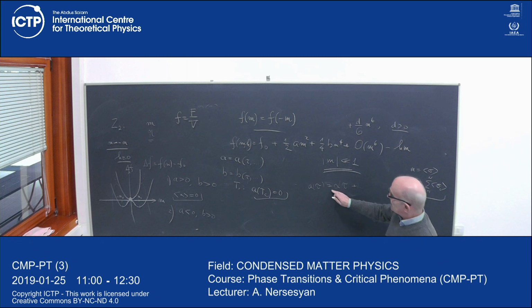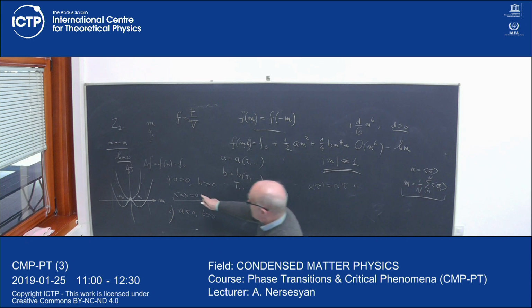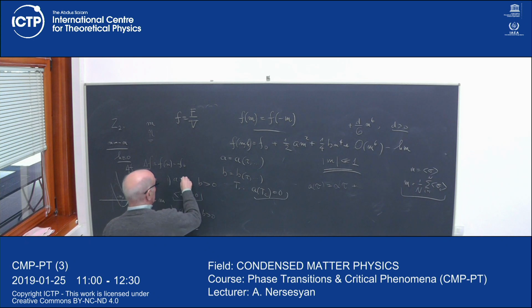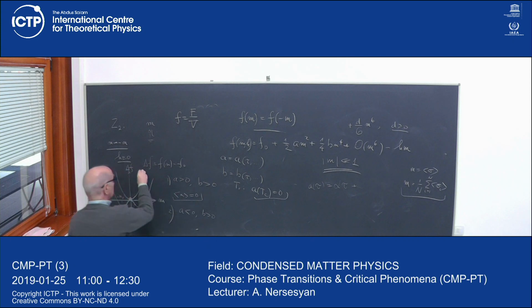So I see that alpha should be positive to have A positive. So A positive means that, in this case, tau is positive. This is for positive tau, which means T is greater than Tc. This is for negative tau. T is less than Tc.